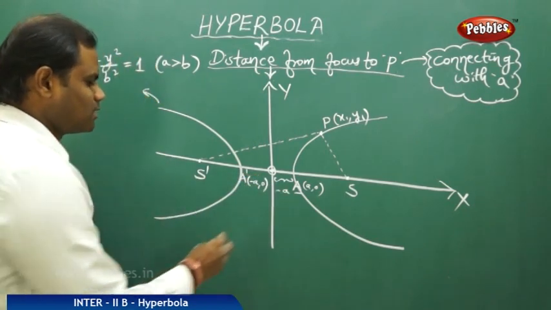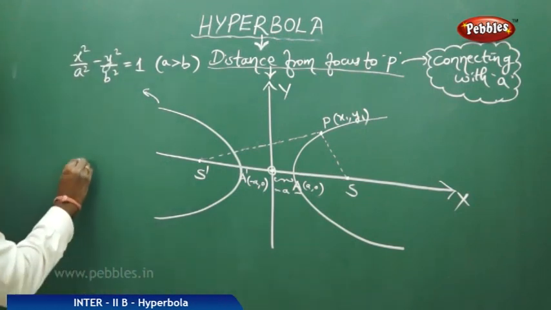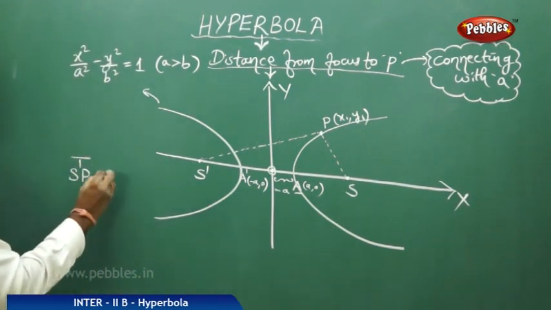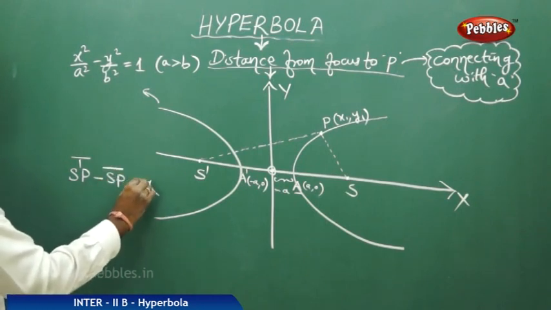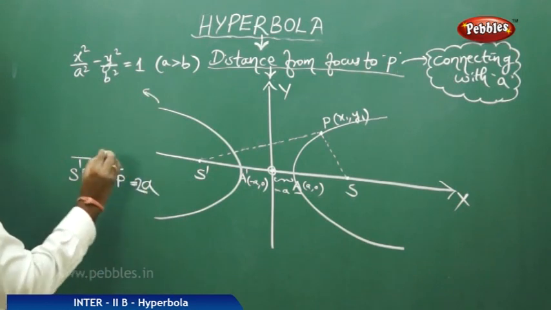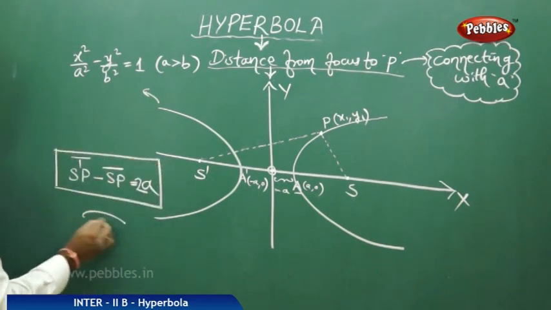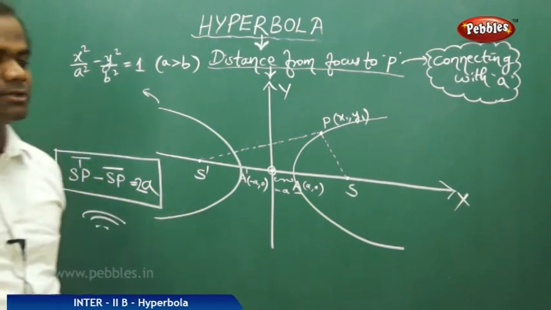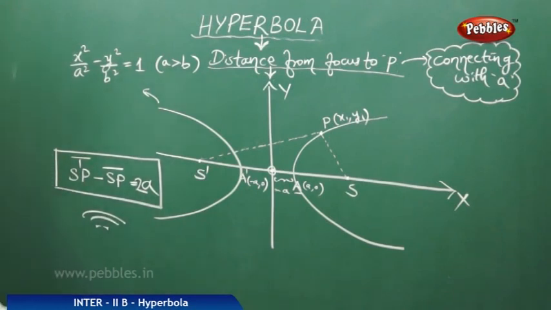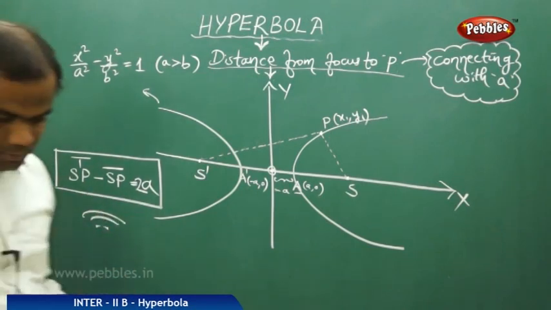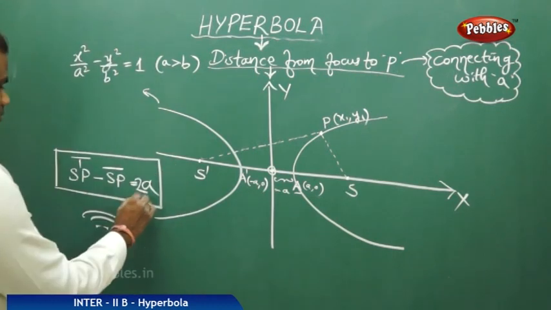So this distance is connected as S dash P minus SP equal to 2A. That's how we connect the relation between SP, S dash P and A. So S dash P minus SP is equal to 2A, which is a constant.